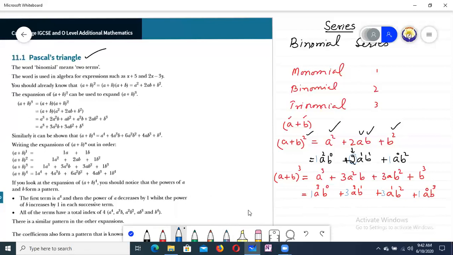Now I am explaining how we can get these coefficients with the help of the Pascal triangle. Here we will make one pattern.